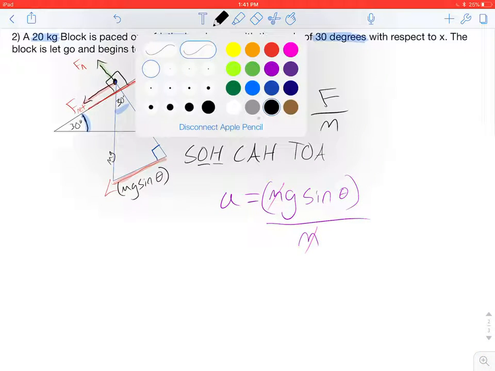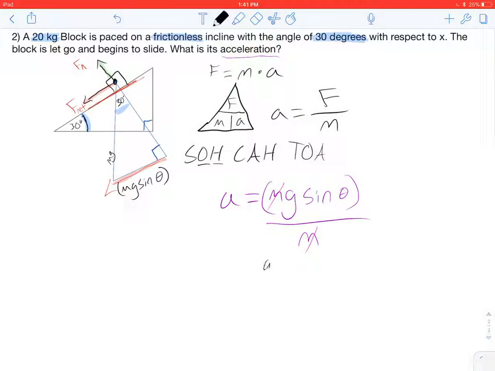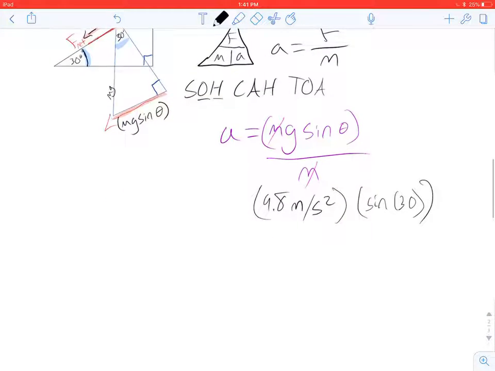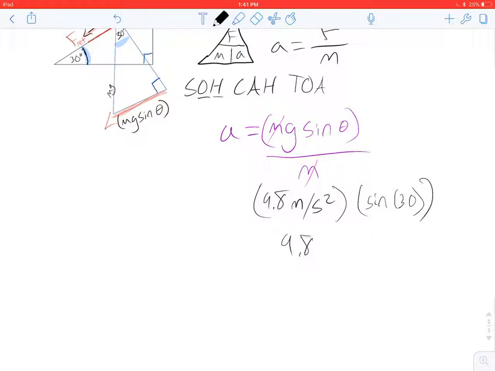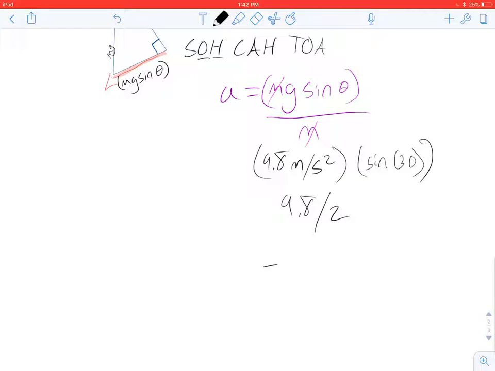So we're just going to input for what we know. We know our gravity is 9.8 meters a second squared. And we know sine of 30 degrees is 1/2. So 9.8 divided by 2 equals 4.9 meters a second squared.